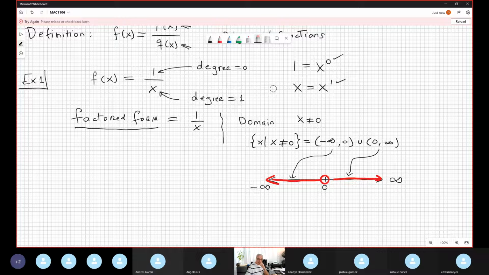Well, x equals 0 is undefined, I know very well, but there are two kinds of being undefined. We have the famous asymptote, which I want to explain in detail, and another is a hole.